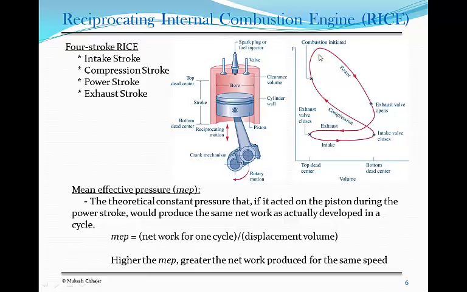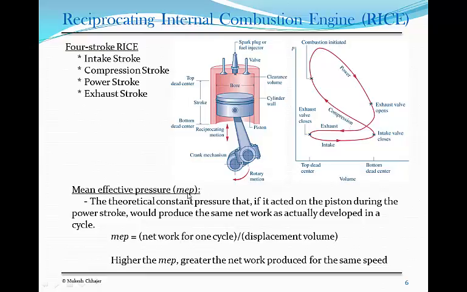The power stroke is the stroke during which the power is basically generated, because once the explosion takes place, by the force of this explosion this piston would be pushed back, and as a result the crankshaft would be moving, which will then generate the motion of the vehicle. And then the final one would be the exhaust stroke right here, when the exhaust gases are expelled. So during this whole process, you can see the pressure changes continuously.